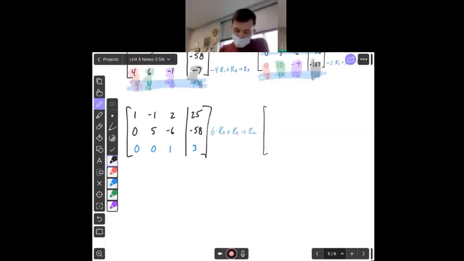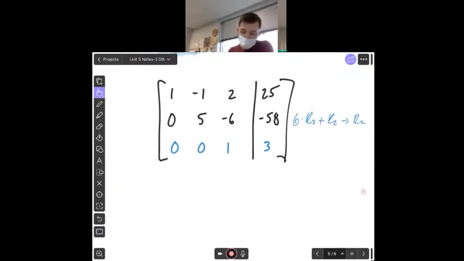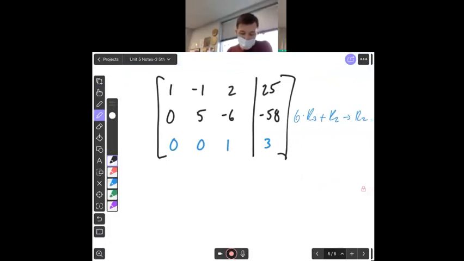So I'm not messing with row 1. That comes across. Not messing with row 3. That comes across. I'm going to go back and fix row 2. So I need to multiply row 3 by 6, so I need to multiply all these numbers here by 6.